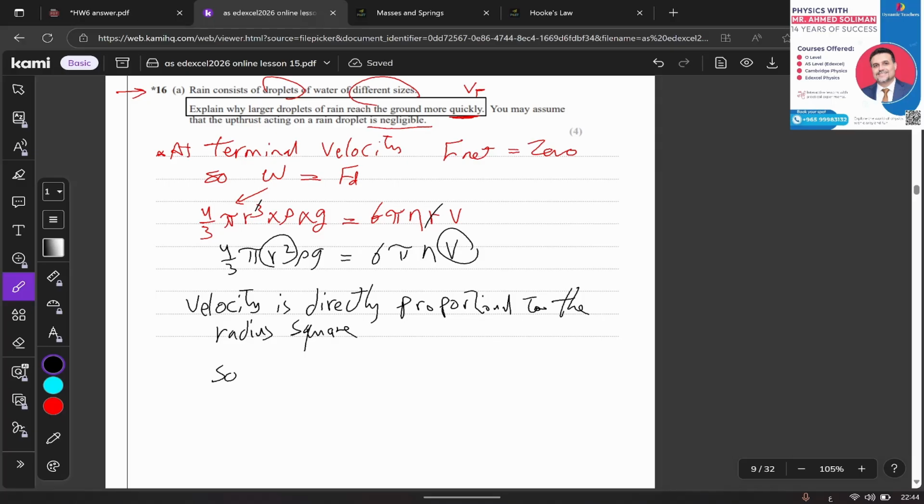You said radius only because from this equation you can write that as the radius increases, terminal velocity becomes greater. Or you can write that the droplet with a greater radius has a greater terminal velocity. Okay. So greater terminal velocity.